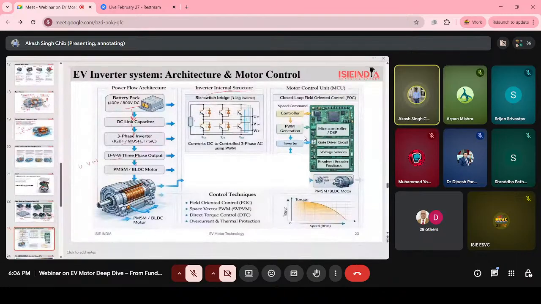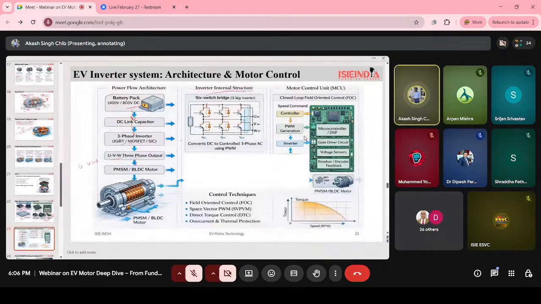And how they are working. Basically, we also call it 3 legs. You can see these are looking like legs, 1, 2, 3. These are the 3 legs. Okay, 3-leg inverter.